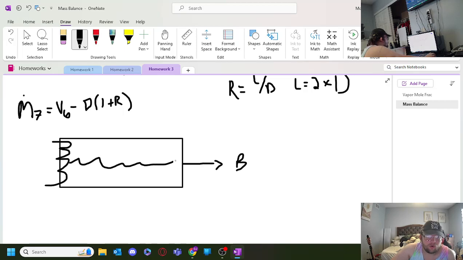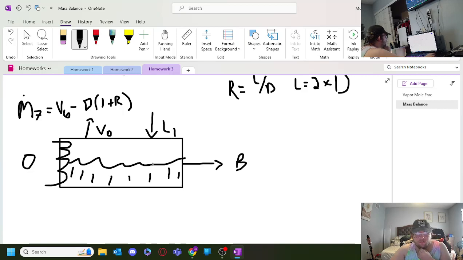And then in order for our reboiler to work, it has to have a certain mole holdup in here. And then as it boils, vapor is given off. It's our stage 0. But we also got liquid coming in here. It comes from the stage above it, L1.